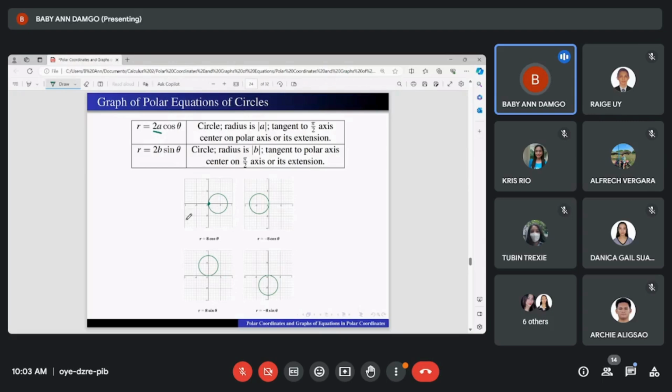Okay, na please ko send sa atong group chat ha. Okay, so nanay nag-send. So, sa ganun, it's r equals 4 sine theta.